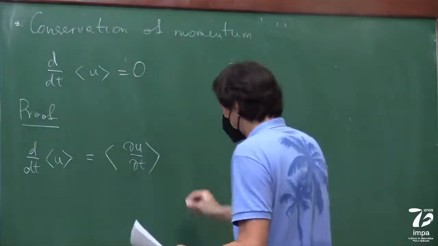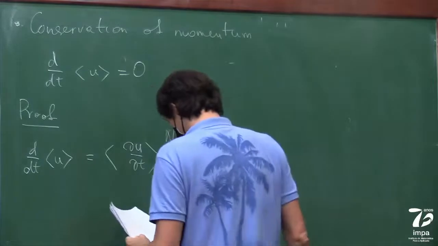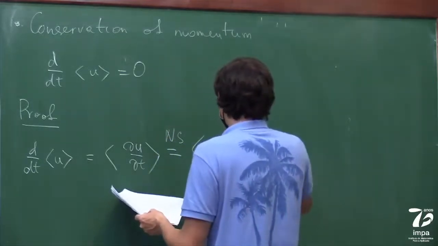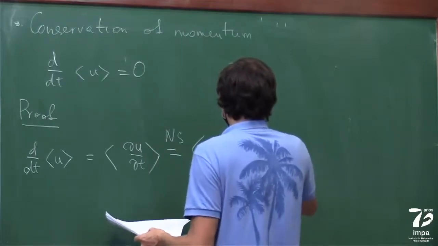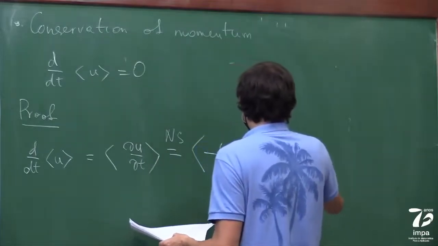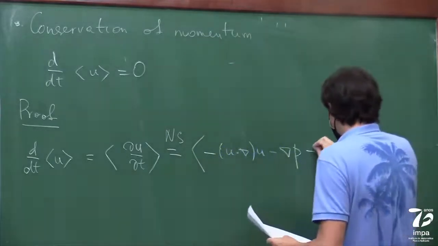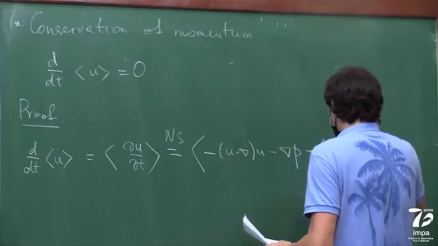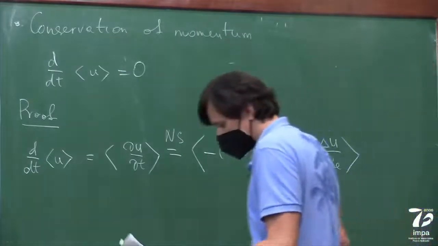Then you can use the Navier-Stokes equations. It becomes minus u grad u, minus grad p, plus the Laplacian term, and we can just kill it term by term.